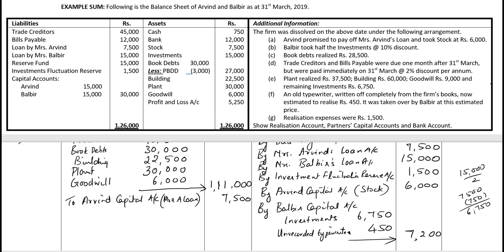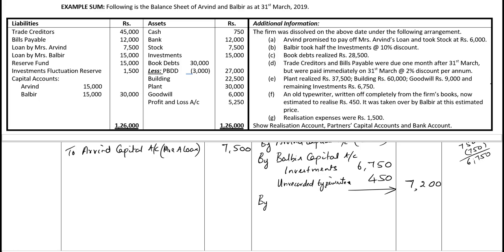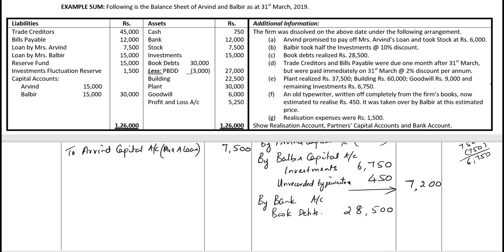Let's go to point C. It says book debts realized 28,500. So realization of assets by bank account, book debts, amount realized 28,500 rupees. We'll come back to point D, payment of creditors and bills payable. Point E, plant realized 37,500 rupees. Building realized 60,000 rupees.